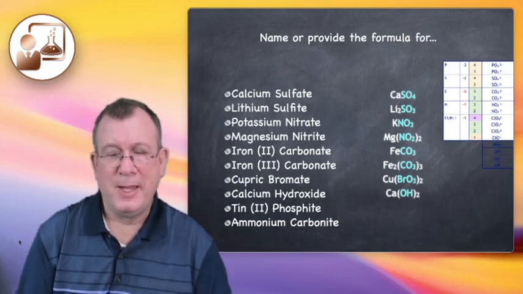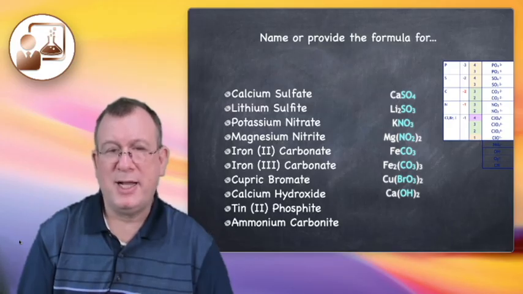Tin(II) phosphite. That's a tough one. Okay, tin(II) phosphite. Tin is Sn, right? Stannum is the old name. So tin(II) is going to be Sn 2+. Phosphite, though, is going to have a 3- charge because phosphorus forms a 3- charge. It's the smaller one of 4 and 3 oxygens. It's the one with 3 oxygens.